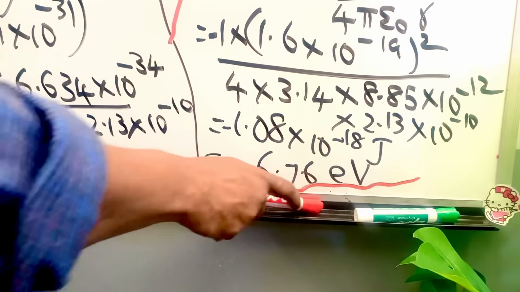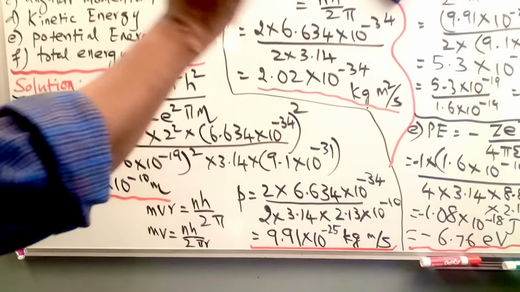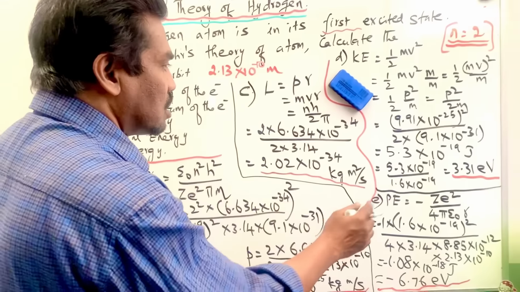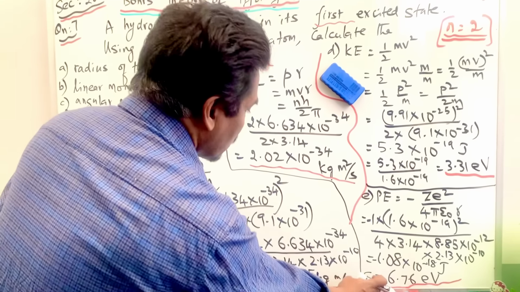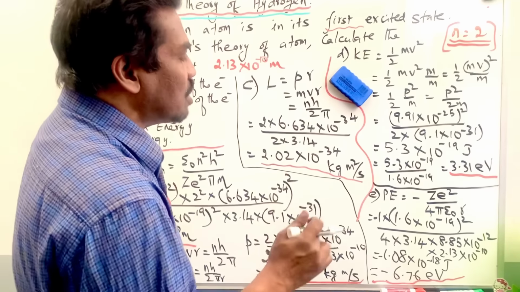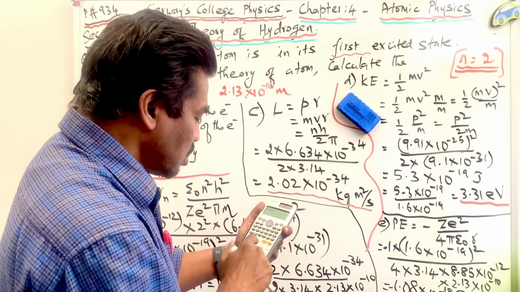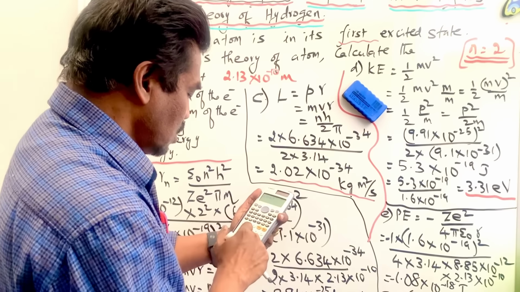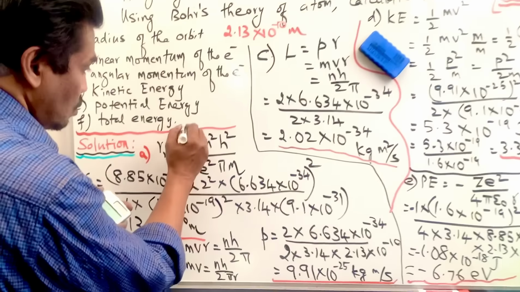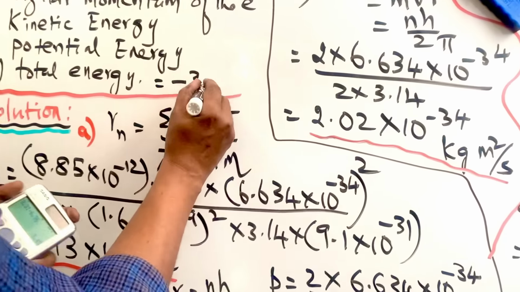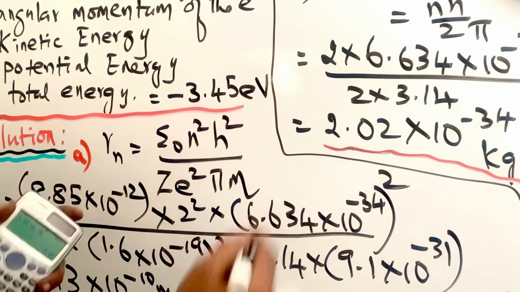So this is the potential energy of the system. The last one, total energy. For the total energy you just add the kinetic energy and potential energy. This value plus this one, that means 3.31 plus this value. You already have a negative value, so 3.31 minus 6.76. We will get the answer as negative 3.45 electron volt.